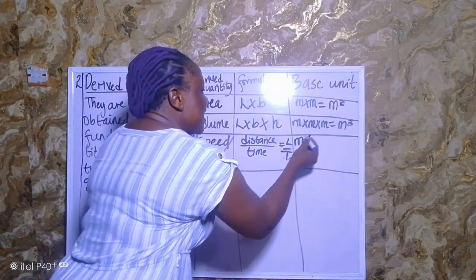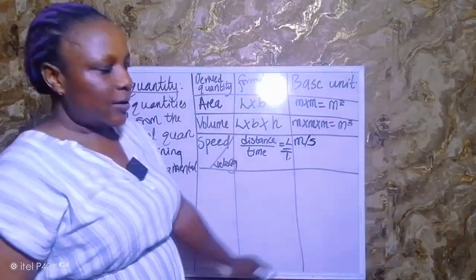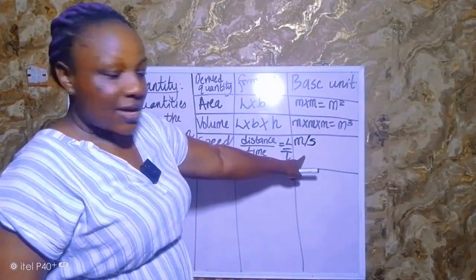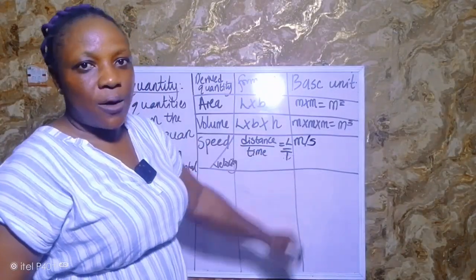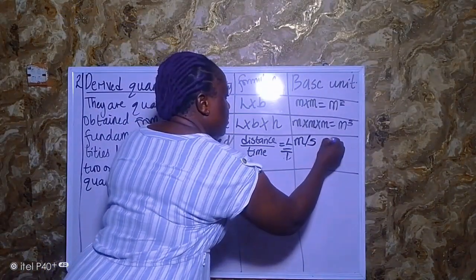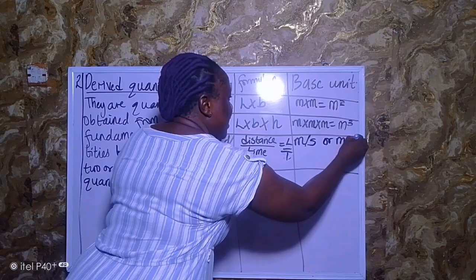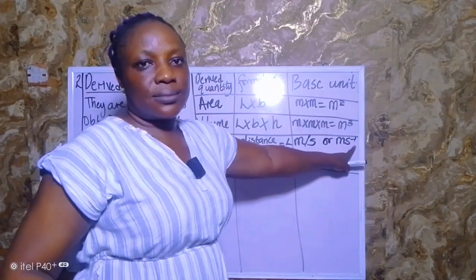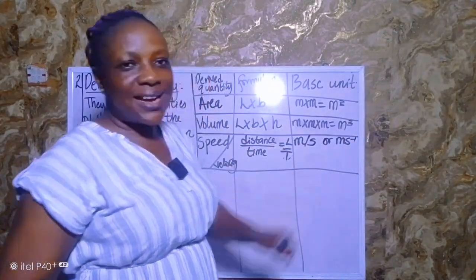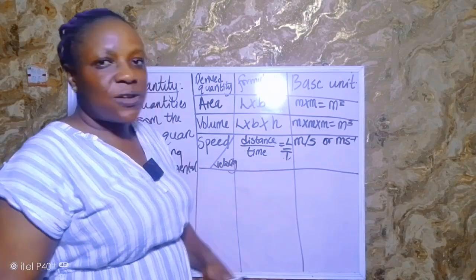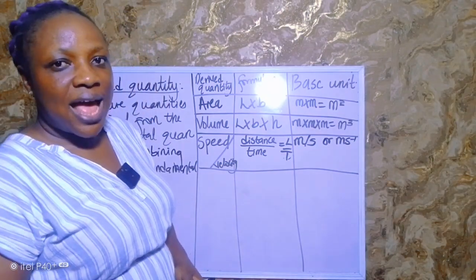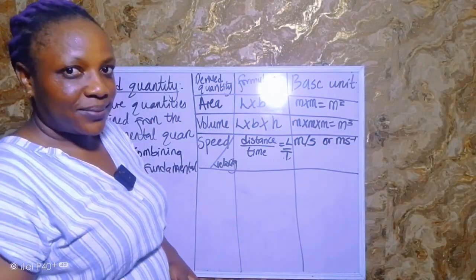Then this thing is s. So meter per second, or you write it like this. This and this are the same. These are the units of velocity and speed.